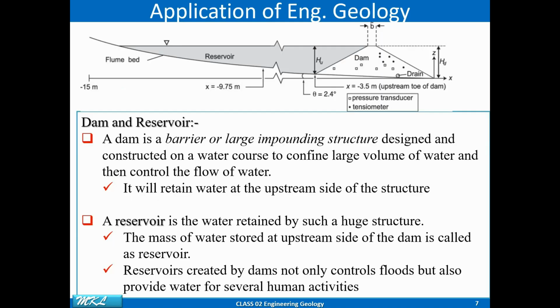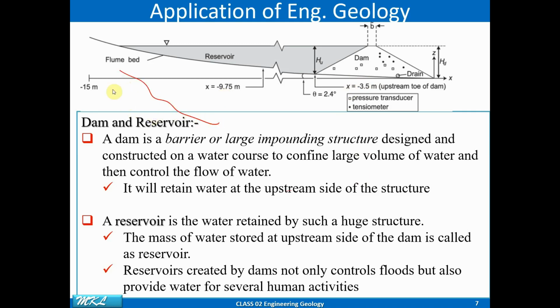Now what do you mean by dam? Dam and reservoir are pronounced at the same time. A dam is a barrier or large impounding structure, basically constructed on the upstream side of the river, to confine a large volume of water, or to control the water, or to control floods.